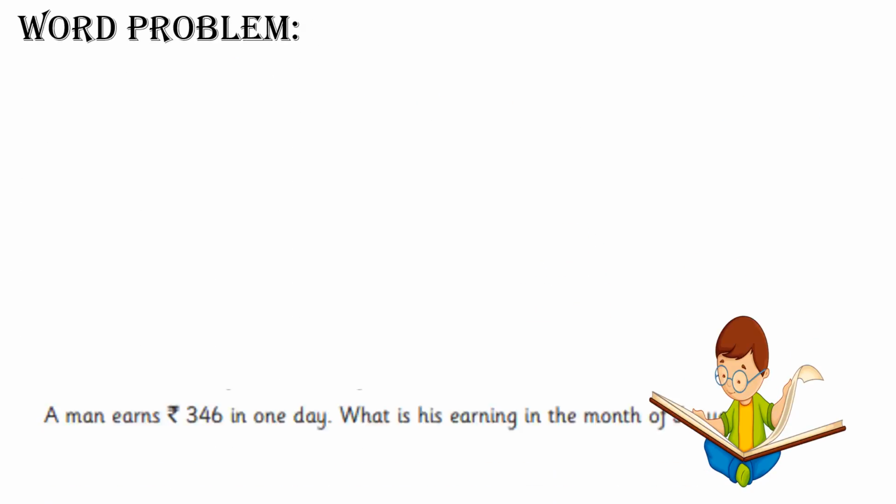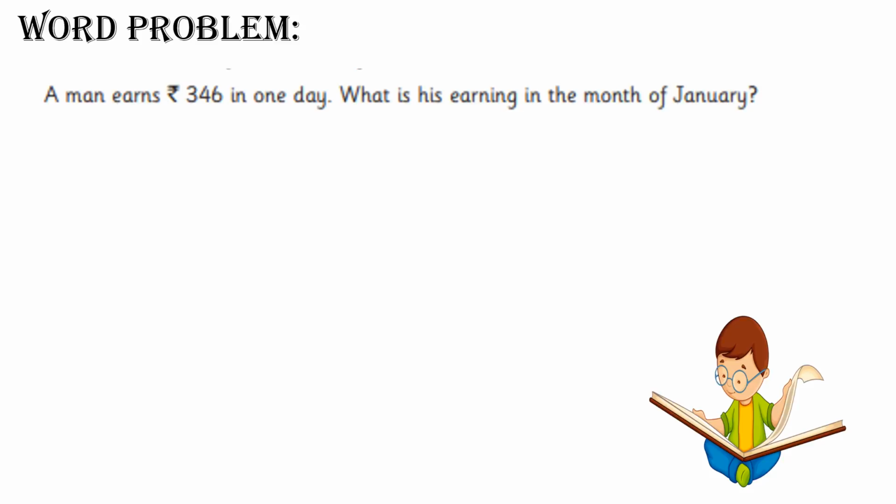Let us see one more example. A man earns rupees 346 in one day. What is his earning in the month of January? So, if he works for one day, his earning is rupees 346. So, if he is working for the whole month of January, how much will he earn?